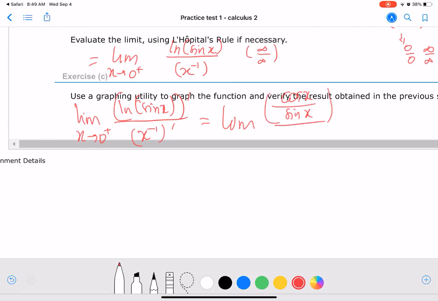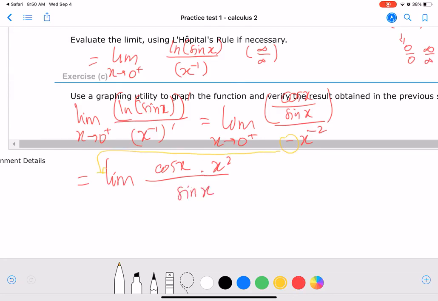In the bottom, I have negative x to the negative 2. x goes to 0. So dividing by x to the negative 2 means multiplying by x squared, right? So I will rewrite that as the limit of cosine x times x squared over sine x. And the negative here, I just bring to here, right? So I get negative in here when x goes to 0.